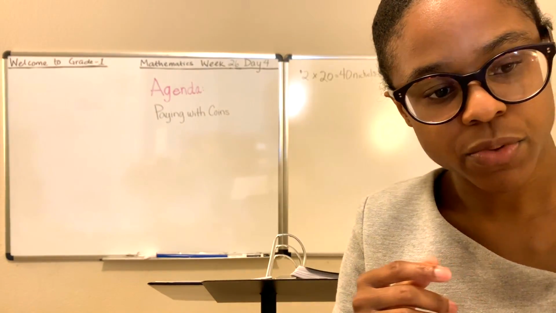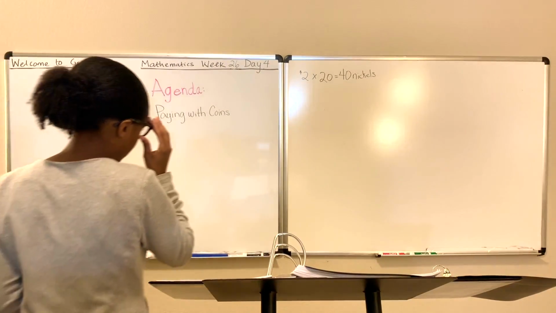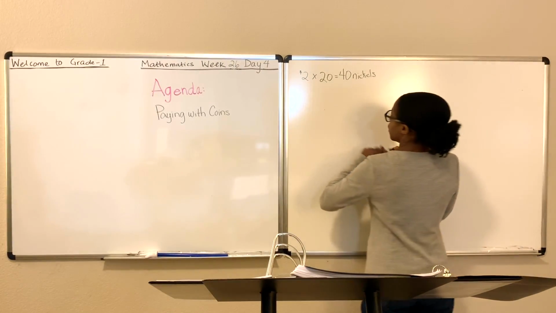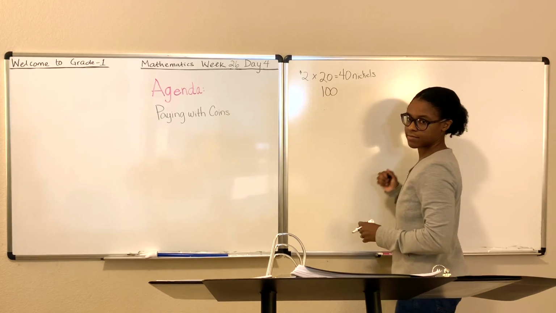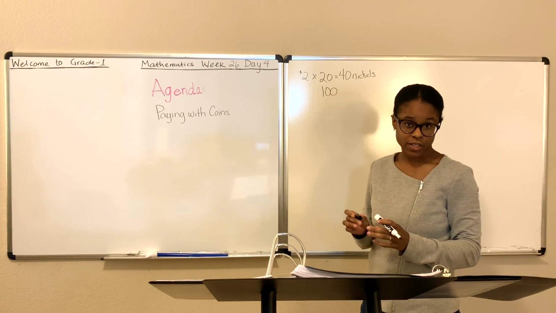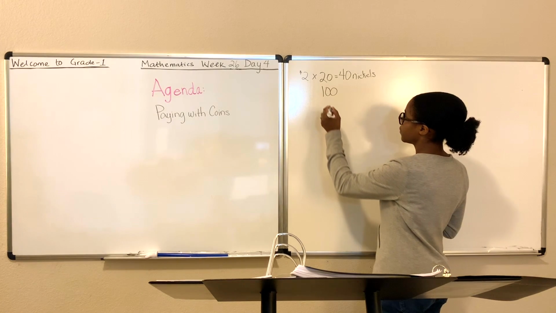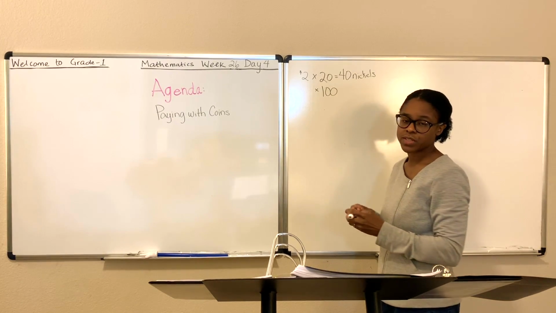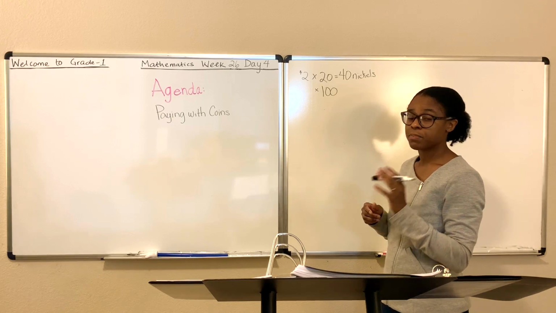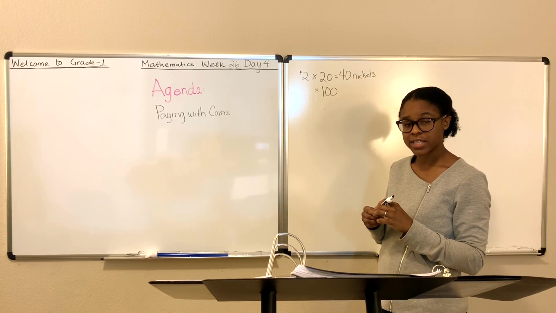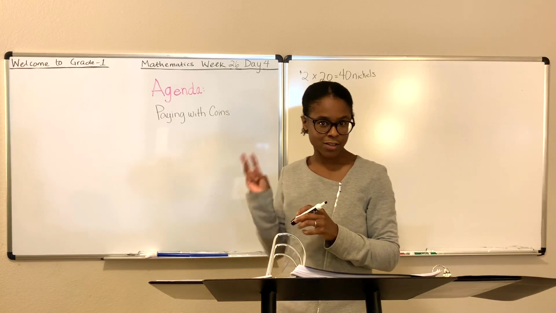So let's write this on the board also. We've established that we need 100 pennies for $1. We know that that's true because 100 pennies is equivalent to $1. But the cold cereal is not priced at $1. How much does it cost? It costs $3.